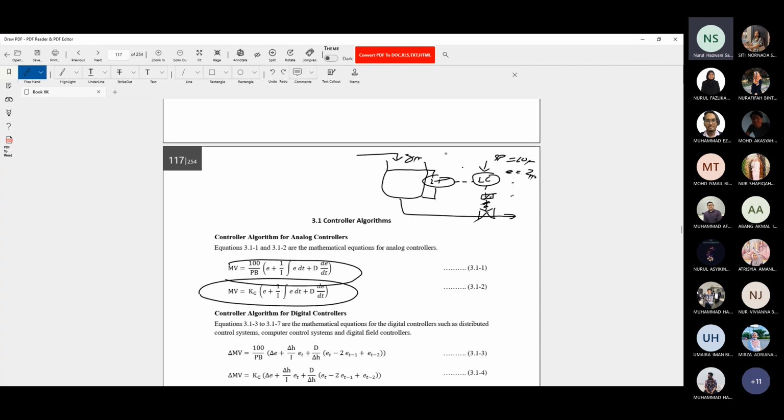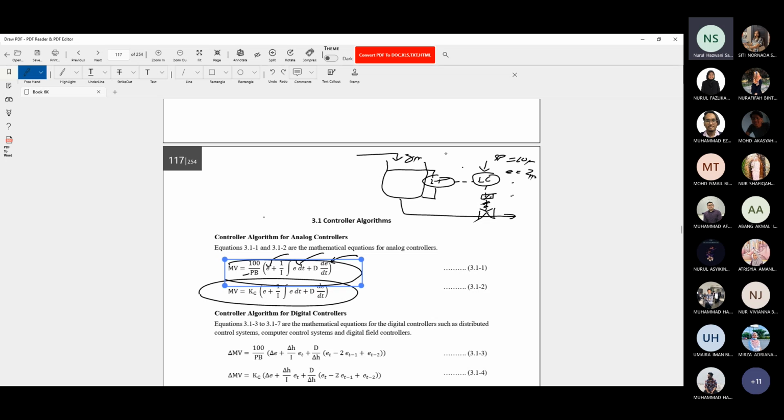So from the error, we have to insert it into this equation. Insert the value of error with the value of PID that you calculated before using the tuning rules. You insert it here: PB is for the proportional, 1/I is for integral, D is for derivative.